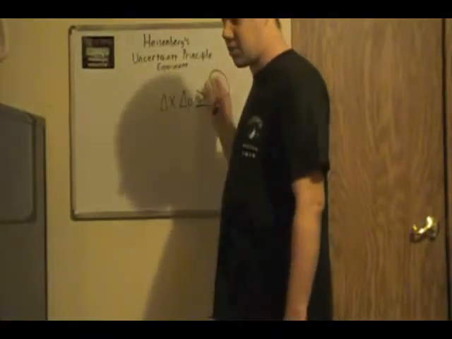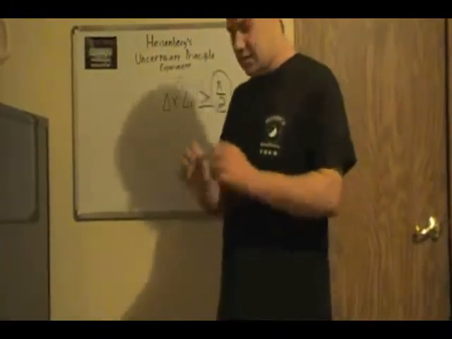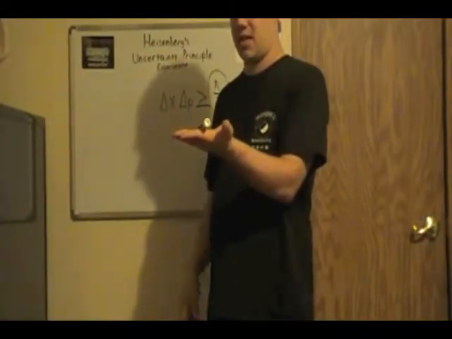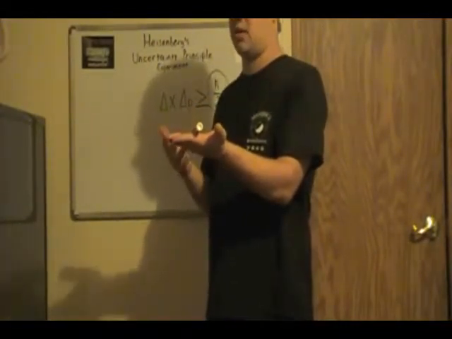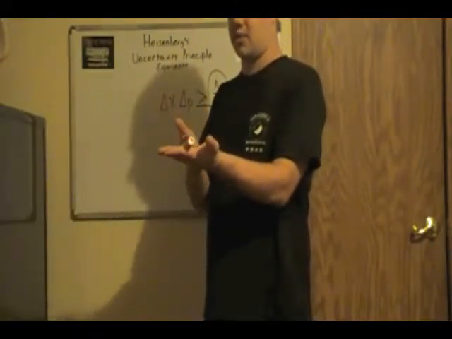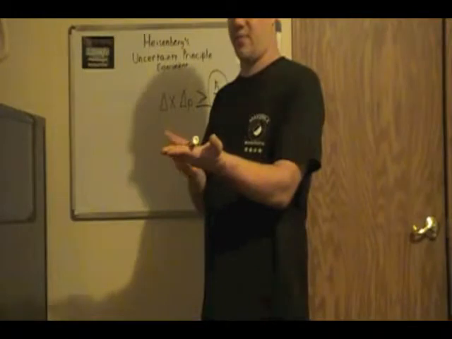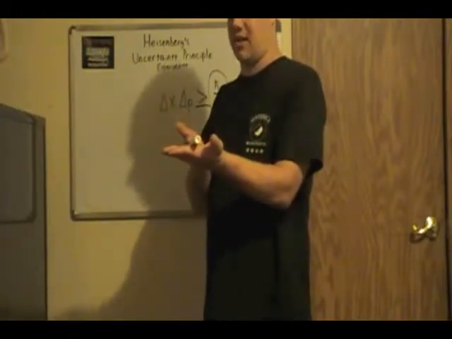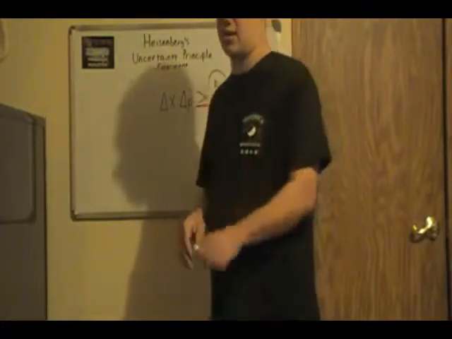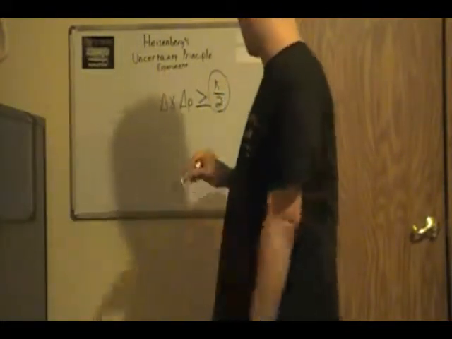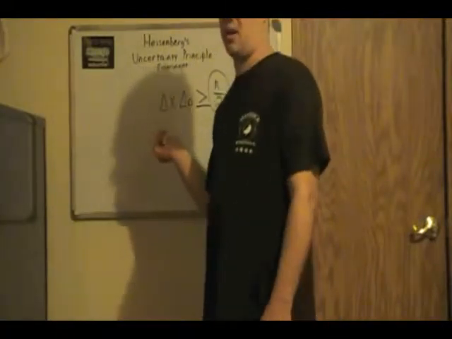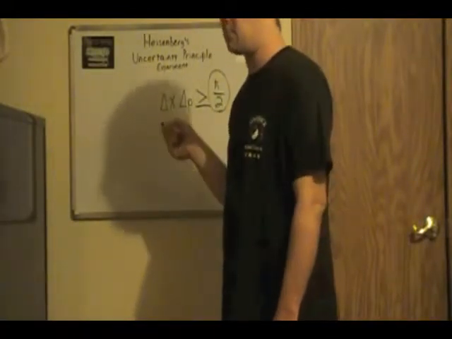The fact that this is small is the reason I could take this marker and set it down on a surface, and we can say, where is the marker? Right there. And how fast is it moving? It isn't. It's stationary, and we know right where it is. And you can know that with a great deal of certainty, and this applies to everything. You can't know it to absolute certainty.